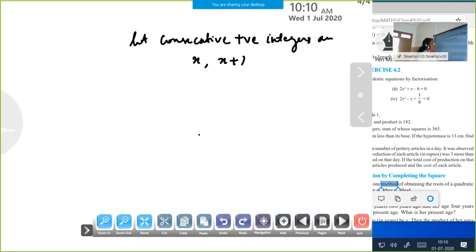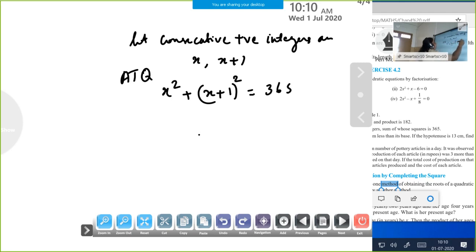The sum of whose squares, according to our question, is x square plus x plus 1 the whole square is equal to 365. Then expand: x plus 1 the whole square is x square plus 2x plus 1, equal to 365.